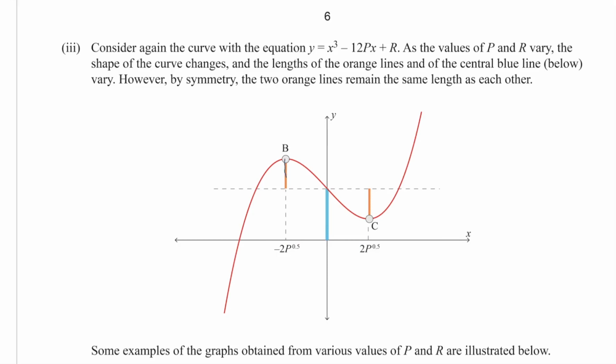If this orange line was, I don't know, let's say here, and this orange line was here, and the blue line was the same, right? So it goes through that point. We would have a cubic that looks like that. So that is only one x. Well, is it an x-intercept? No. Well, one down here.